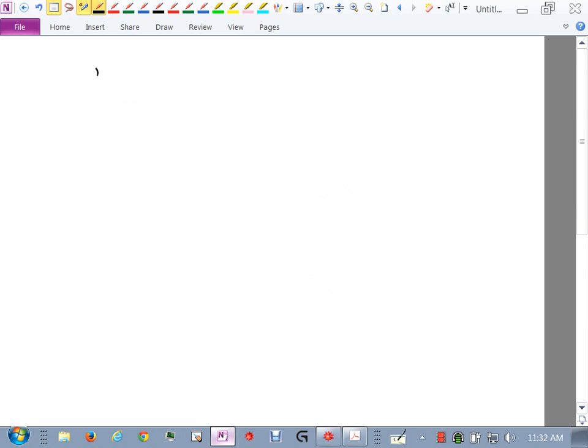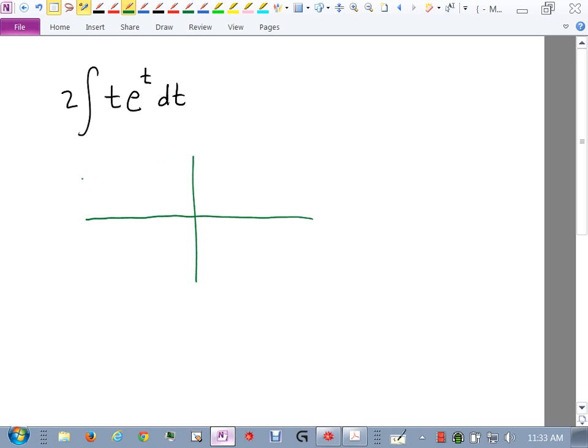I'm trying to do the integral of 2 times the integral of t e to the t dt. I'm coming in with integration by parts. I'm choosing my u to be t, my dv to be e to the t dt. du is 1 dt, and then v is itself, e to the t.